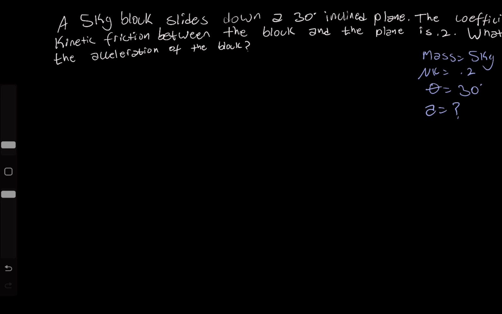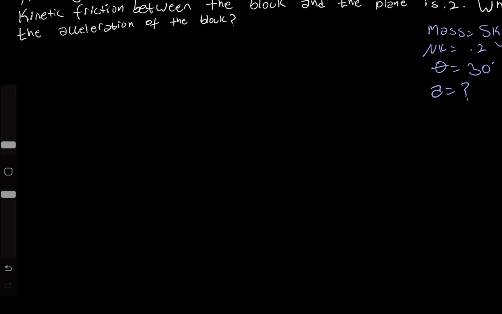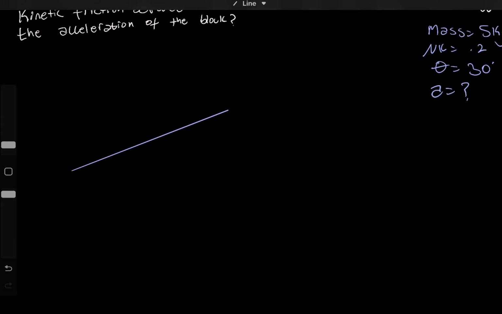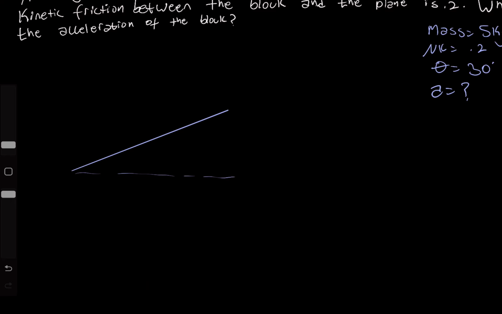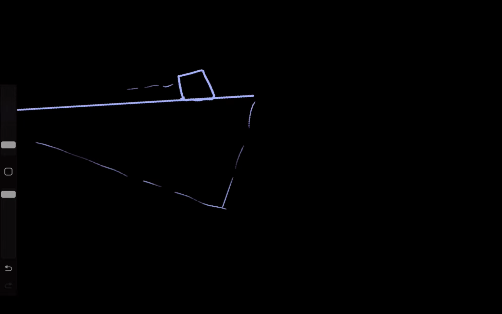The next step we want to do is draw out our picture. So this is our incline. We have our block that's sliding down.